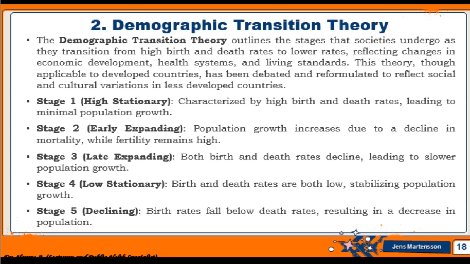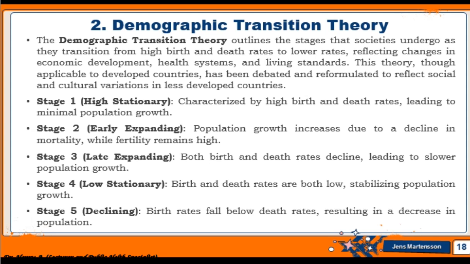In stage 4, you have low stationary, where birth and death rates are both low, and that way you have a stabilizing population growth. Stage 5 is referred to as declining, where birth rates fall below death rates, resulting in a decrease in population.